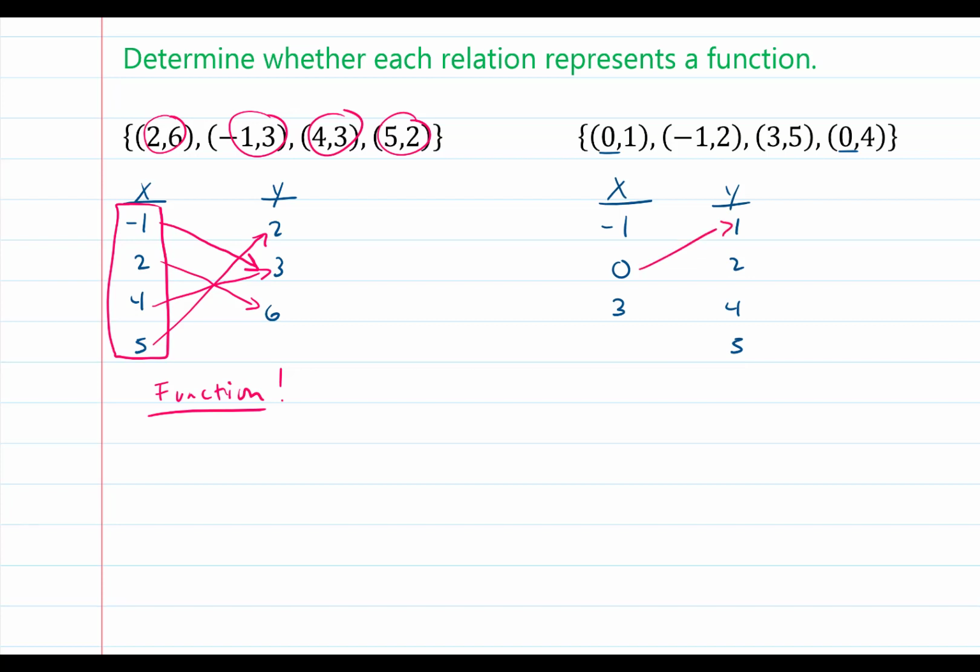I've got -1 corresponding to 2. I have 3 corresponding to 5. And then 0 corresponding to 4. And as we can see, we have 0 as my input corresponding to 1 and also 4, which means this is not a function. So again, it is a relation, but that relation does not represent a function.